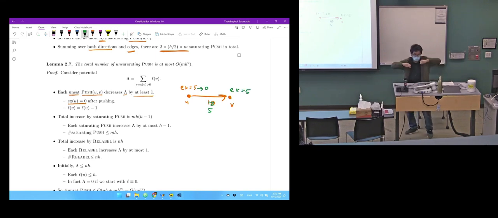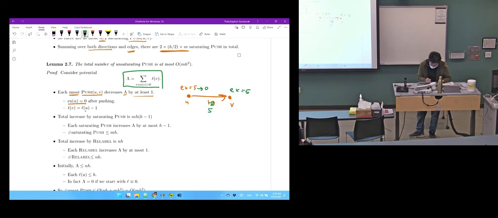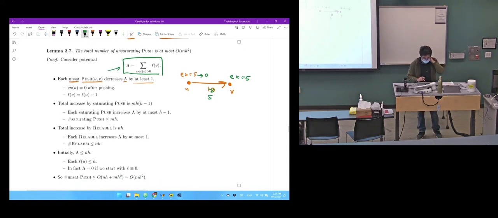Basically the excess moves from a node with high level to a node one level below, right? So this sum is decreased by 1. So every time you do an unsaturating push, you decrease this. Now I want to say that everything else can increase this potential function, but not by too much. Once I can do this, it will bound the number of unsaturating pushes.